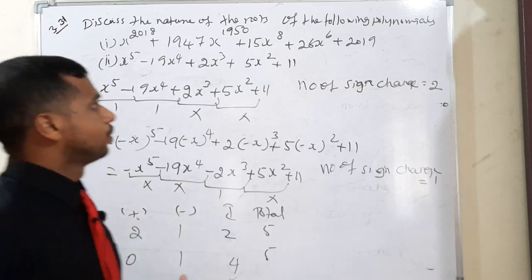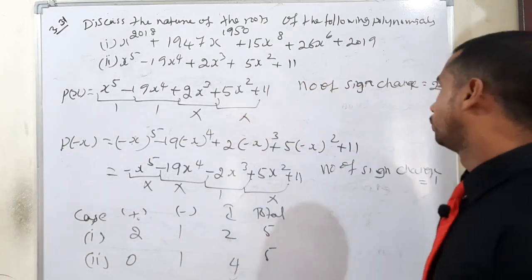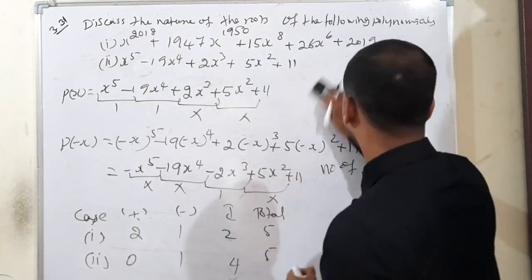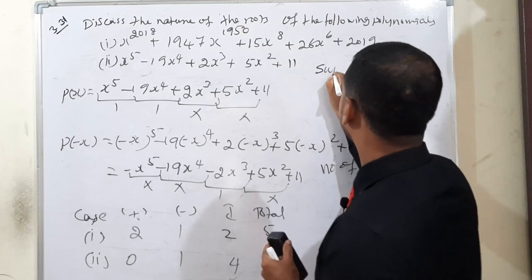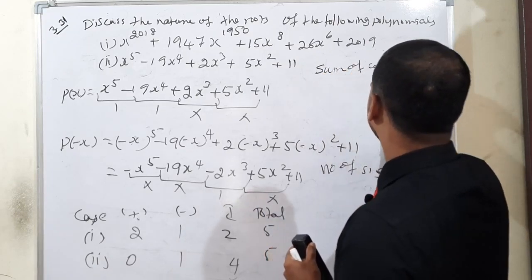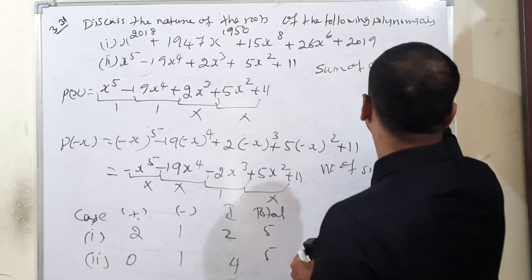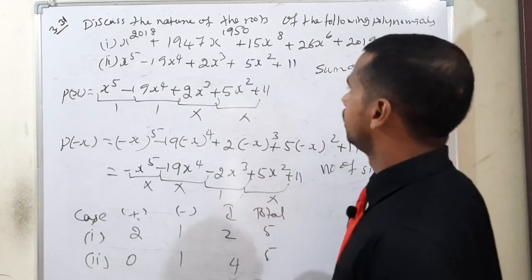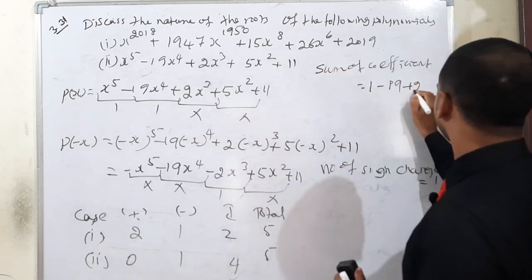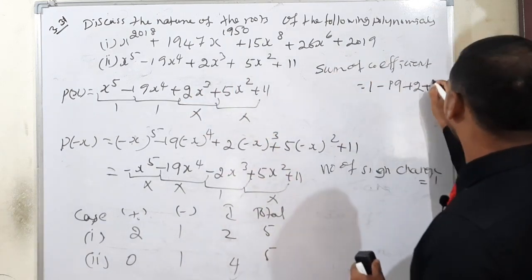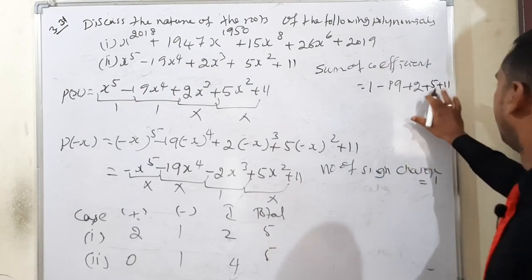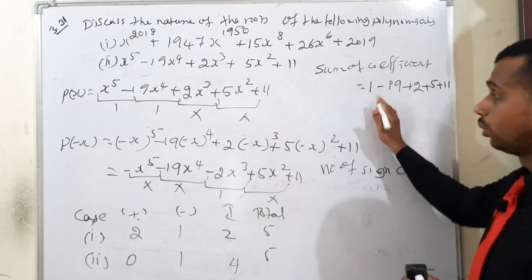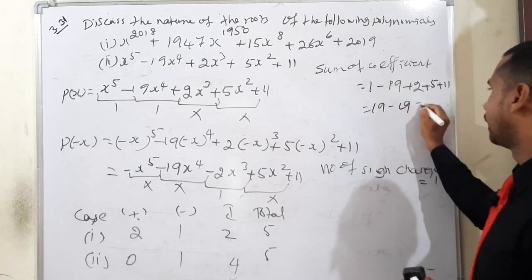So sum of coefficients is 1 minus 19, then plus 2, plus 5, plus 11. 11 plus 5 is 16, 16 plus 2 is 18, 18 plus 1 is 19. 19 minus 19 is equal to 0.